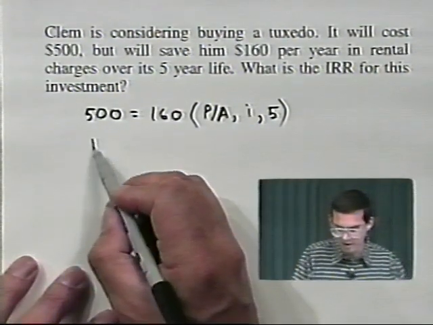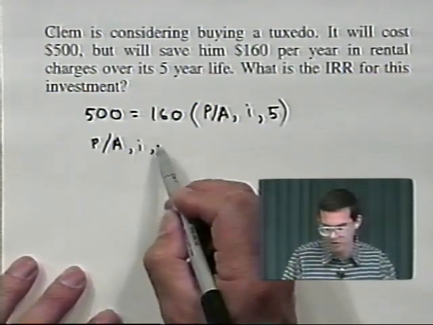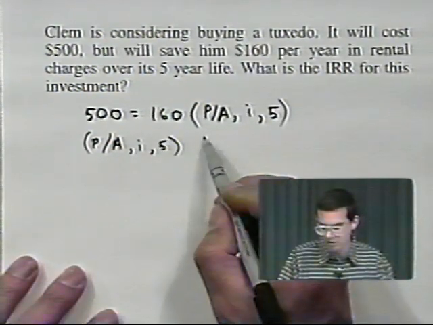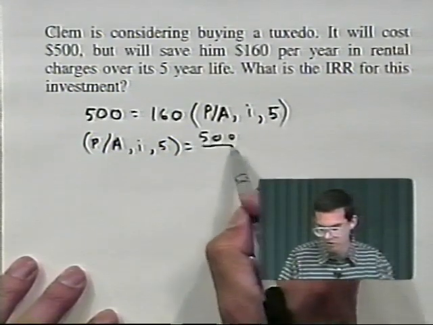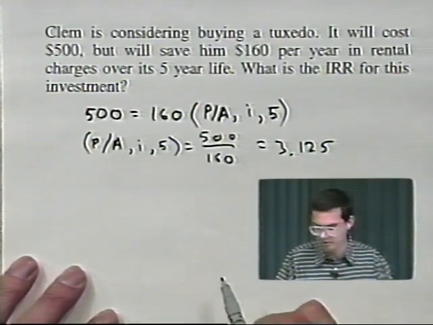We can solve it by saying that the series present worth factor at some unknown interest rate is going to be equal to 500 divided by 160, or 3.125.